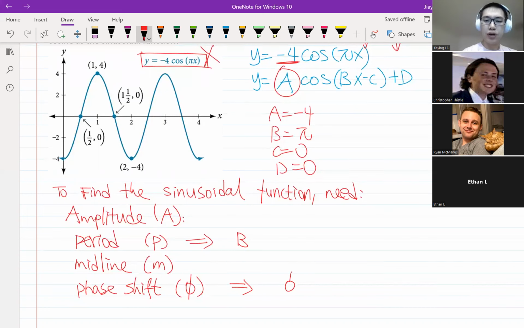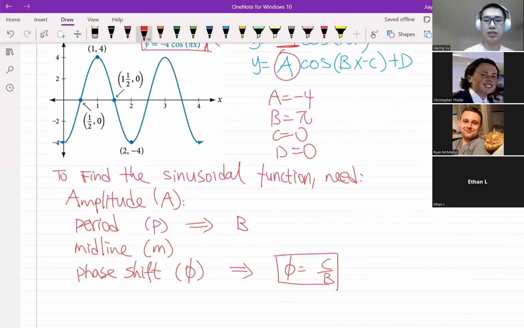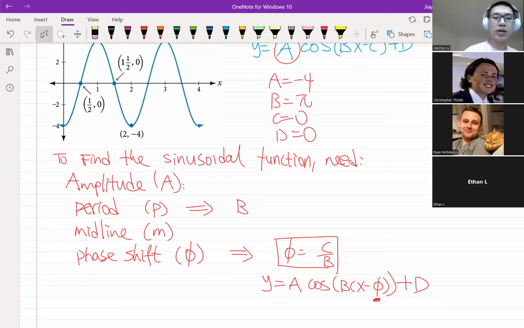So phi equals C over B. Personally, I don't really try to remember the formula in this form. What I try to remember is the function y equals a cosine b(x minus phi) plus d. So the phase shift is here, but if we distribute the b into there, we get c. So those are the important things that we should be looking for based on the graph.